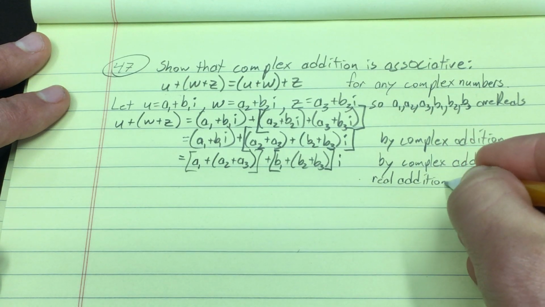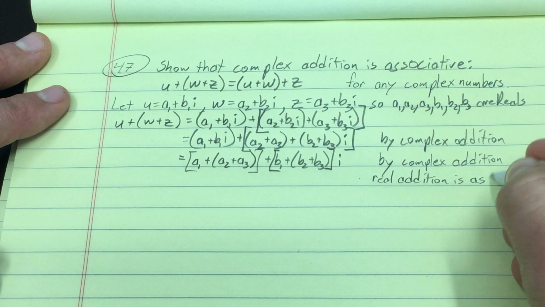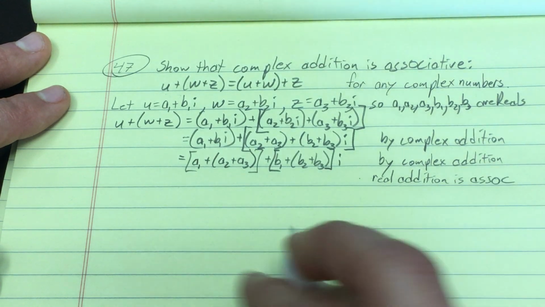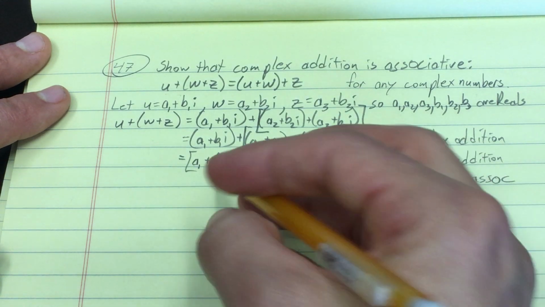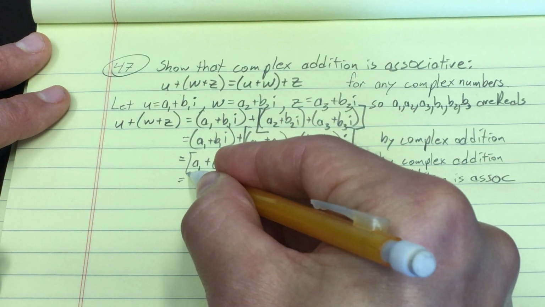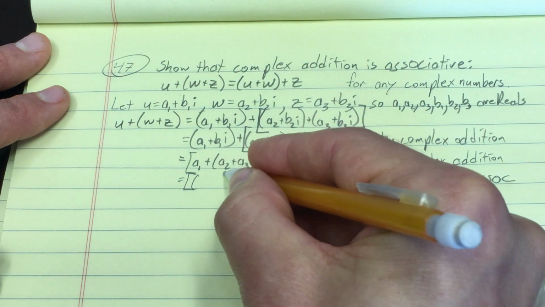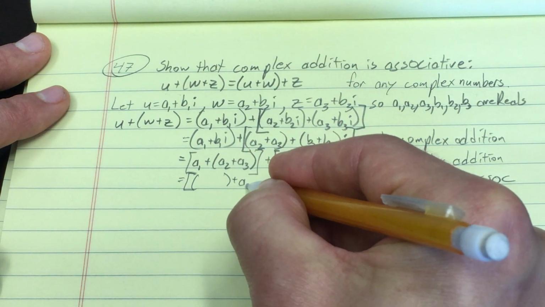Okay, now all I need to do is recognize these are three real numbers, and I will say real addition is associative. In other words, if you have three real numbers, you can add the two on the right first, or you can take the exact same thing and add the two on the left first.